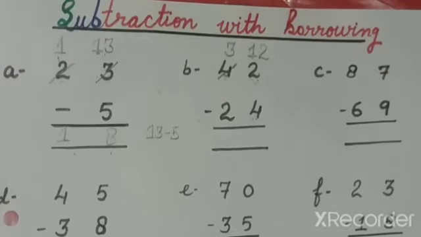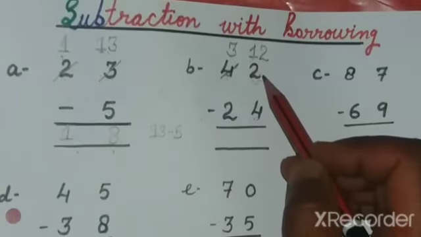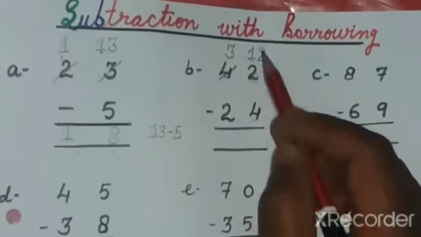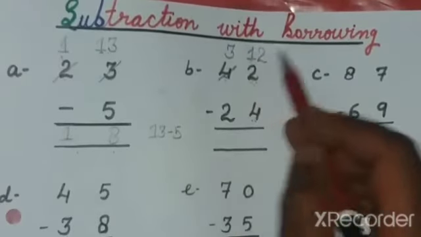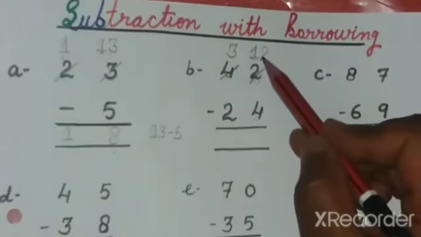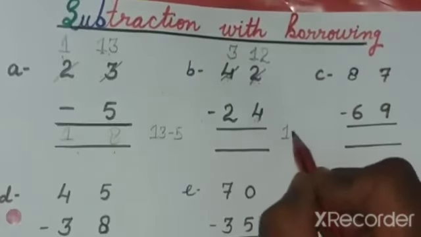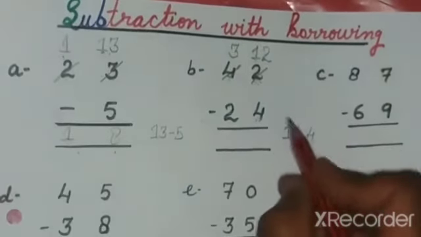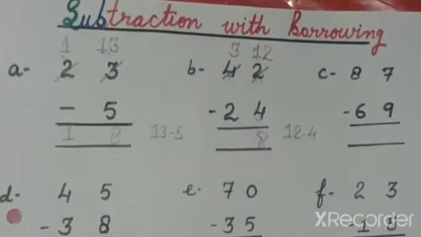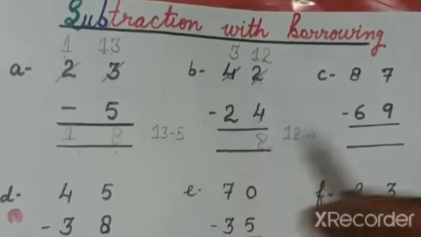You needn't add 10 plus 2; just write 1 and put the digit after the 1, and cross it out. Now we can do our calculation. 12 minus 4, so what is the answer? 12 minus 4 is equal to 8. Write 8 below the ones digits.